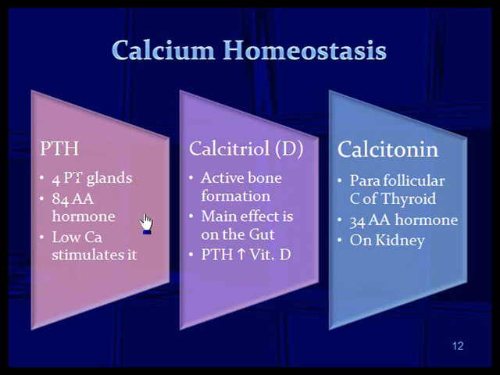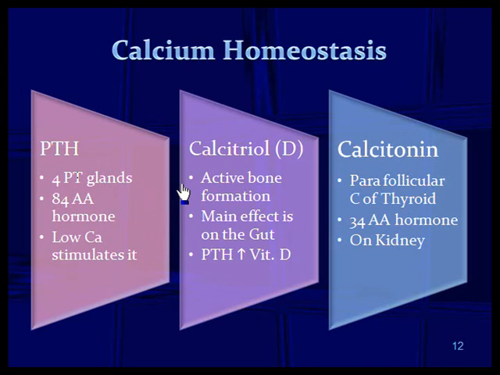This parathormone is an 84 amino acid hormone. Low calcium in the serum stimulates the secretion of parathormone so that bone resorption occurs and calcium is brought from the bank, the bone, and deposited in the serum. The main action of parathormone is on the bone.